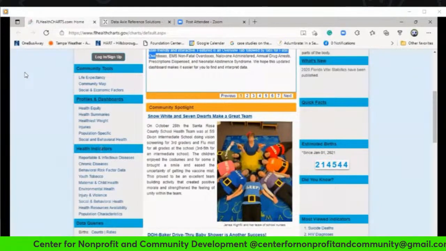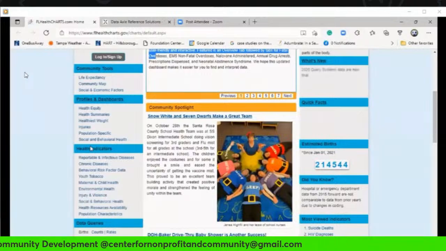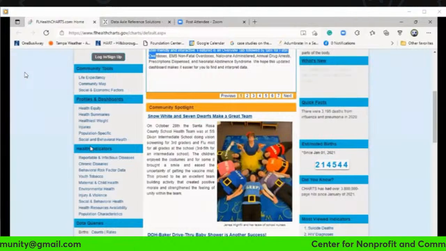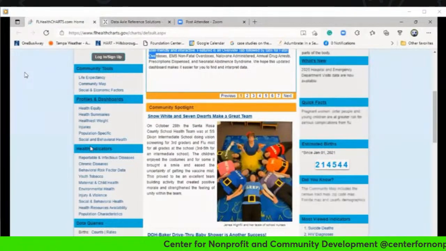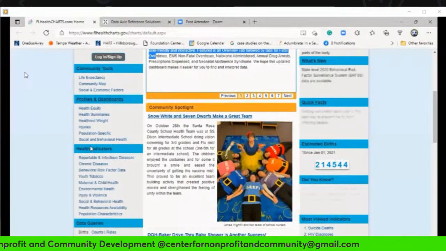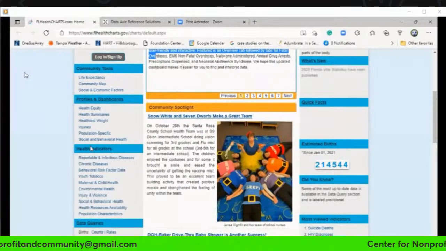Now, it also allows us to look at profiles and other dashboards. For example, we can look at health equality or lack thereof. We can look at different summaries when it comes to health. We can look at health as it relates to weight, as injuries. We can look at injury.